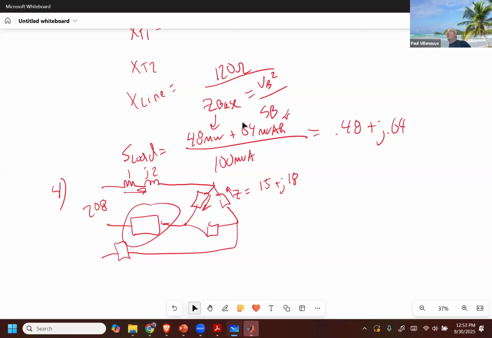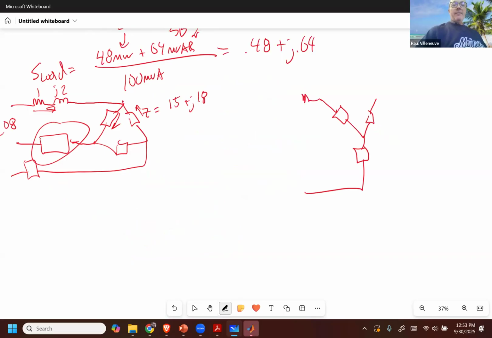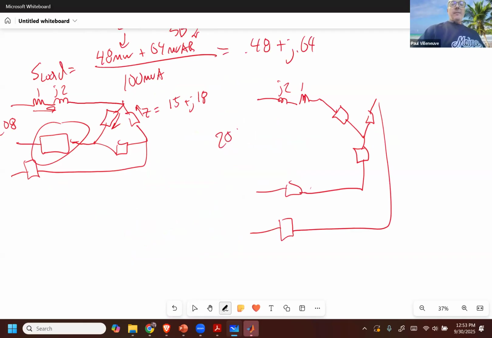So you're better off converting that to an equivalent single phase representation. And most of the time, it's very helpful to convert your load into a Y connected circuit, because each one of these is going to look the same.